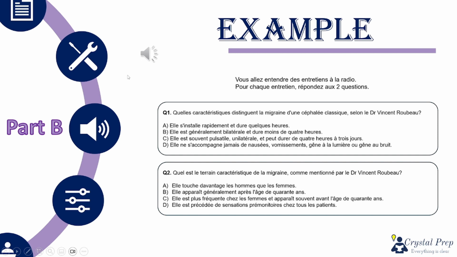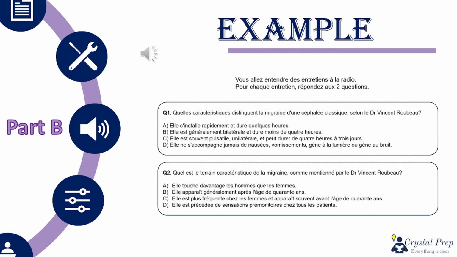Docteur Vincent Roubaud, bonjour. Bonjour. Vous êtes neurologue à l'hôpital Saint-Joseph à Paris. Alors, qu'est-ce qui distingue la migraine d'une céphalée classique, d'un mal de tête, comme on dit dans le langage courant ? Tout à fait. Donc d'abord, la migraine est une céphalée particulière puisqu'elle doit répondre à certaines caractéristiques. Notamment, elle s'installe progressivement, elle est le plus souvent unilatérale. Elle peut durer 4 heures à 3 jours, donc c'est particulièrement long. Elle bat, généralement on dit qu'elle est pulsatile.